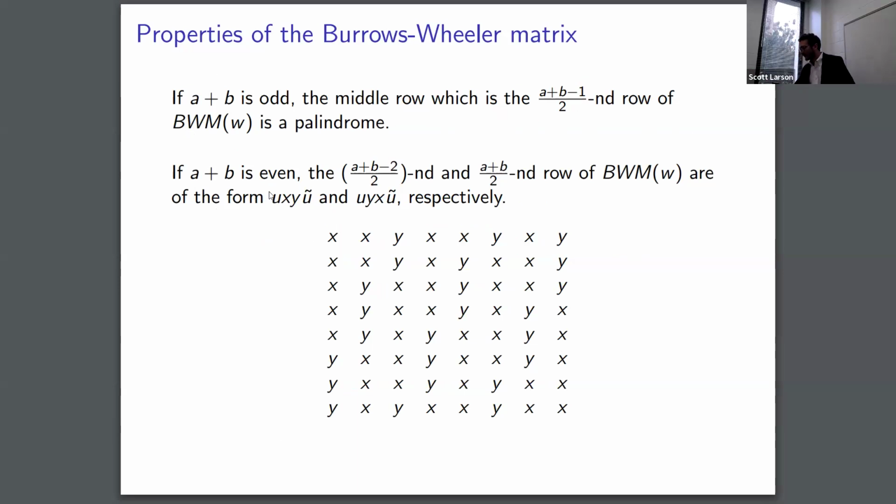So we have it written like this. The first of those two middle rows would be written u, x, y, u twiddle. So let's see what we got then. Yeah, x, y, u twiddle, and then the next row you just reverse it, but you still have u and u twiddle at the ends here. So you can see that matches up here and here.